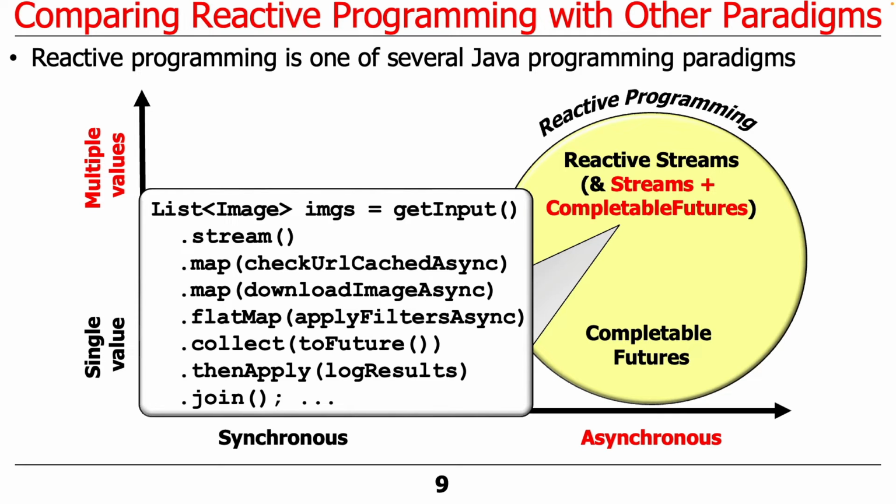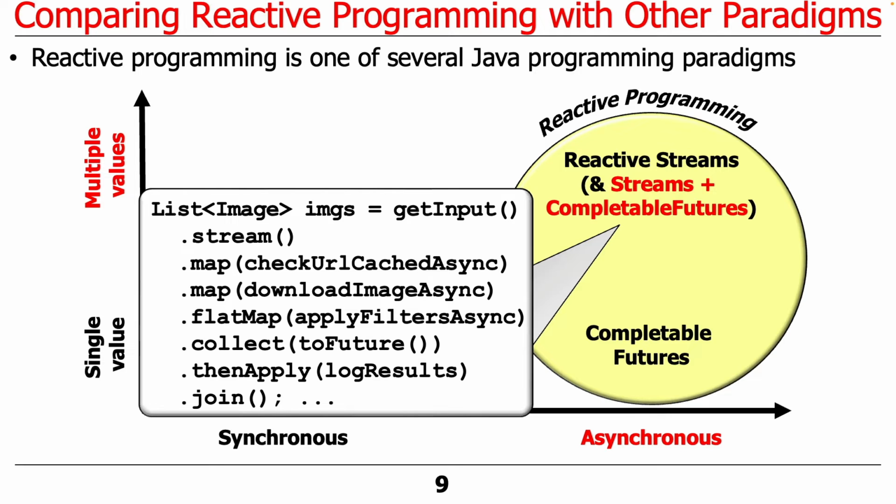And so you can see here what we're going to do is have a stream of URLs, and then run that through a bunch of intermediate operations, which are going to download them asynchronously and apply filters asynchronously and collect them and so on and so forth. And so we end up with multiple values, but the computations themselves run asynchronously. So that's an example of asynchronous multi-valued approaches.